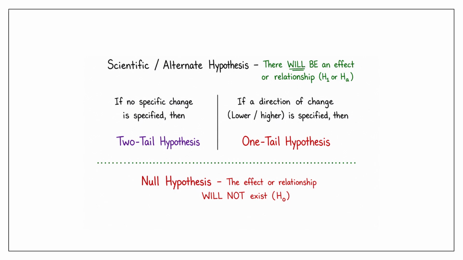Either you have a two-tail hypothesis where no specific change is specified, or you can have a one-tail hypothesis where the direction of the change or relationship is specified. Again, you're saying things like it's lower or it's higher. And then you have your null hypothesis, which again will always say that there is no effect at all. There's no relationship, there is no difference between groups.